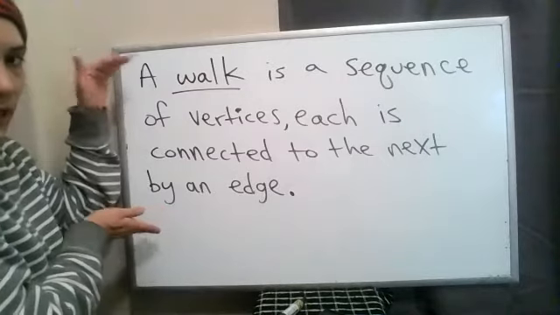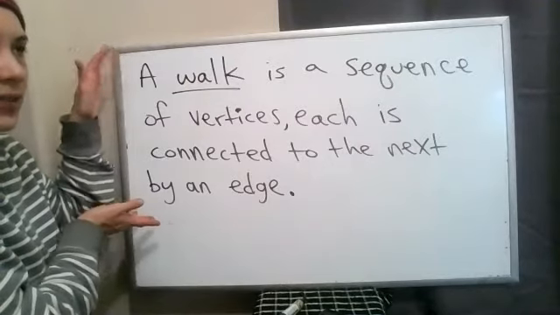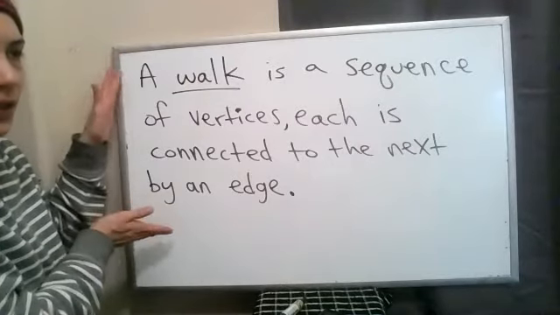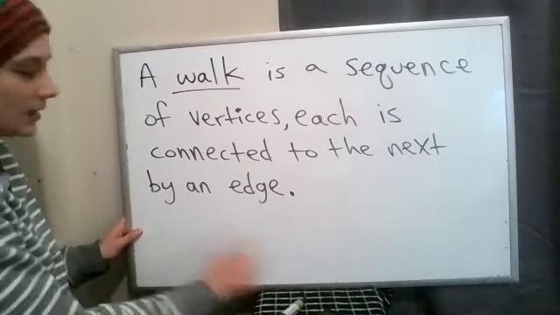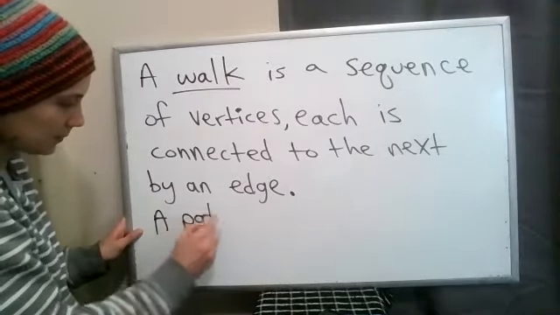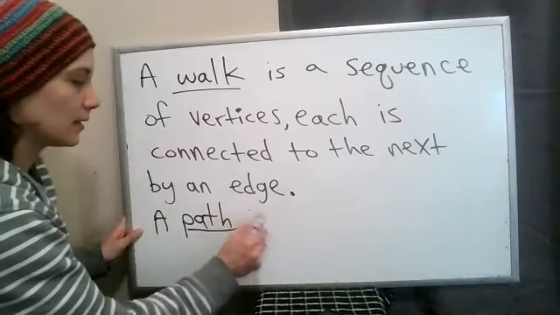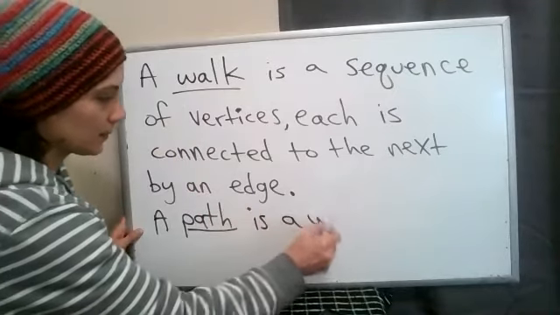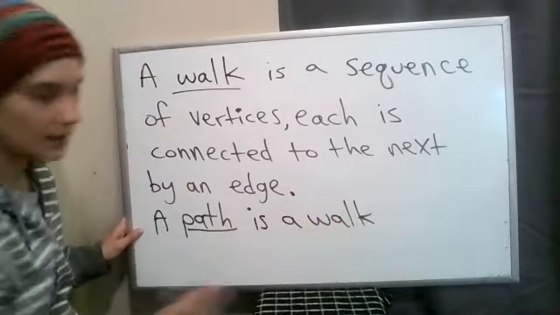So first though, walk is kind of the broadest of the definitions. And then we take walk and add a rule to it to get a path. A path is a walk. And one more thing.